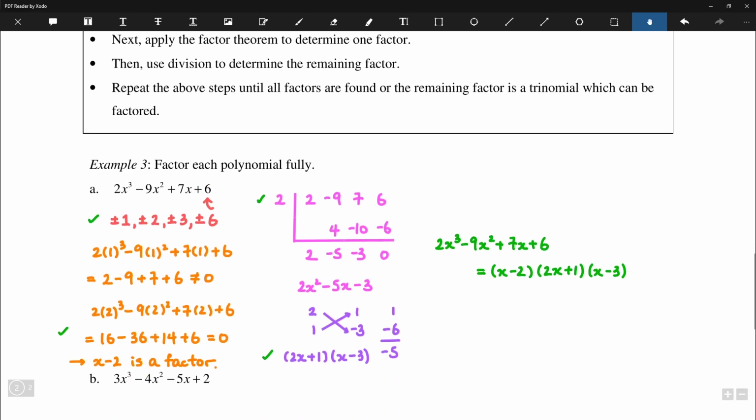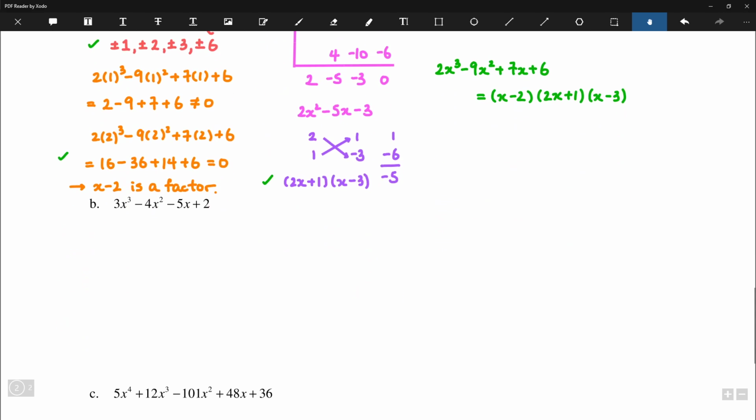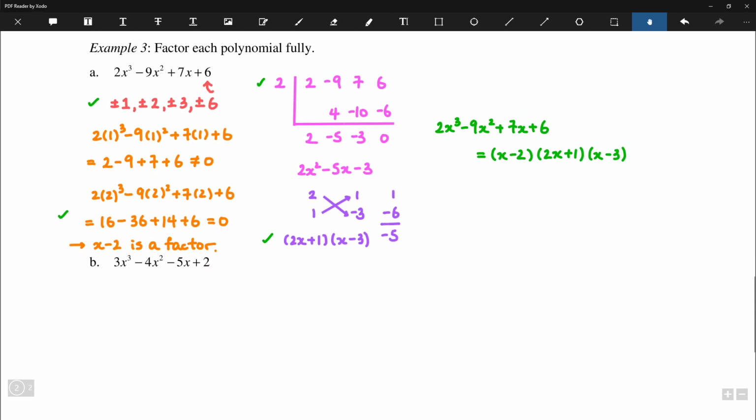Okay, so let's look at another example. So in this case, we have a nicer constant. It's just plus 2. So this will mean that the numbers we have to try are only positive and negative 1 and positive and negative 2. I'm going to go ahead and try negative 1 right away.